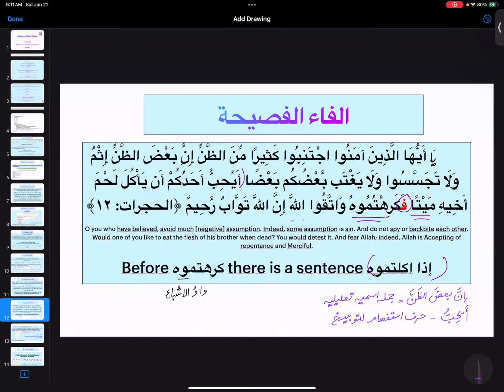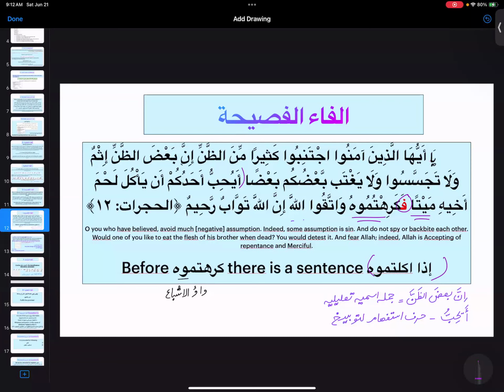So that's why it's called fa fasiha, that only one letter fa is describing what is mahzoof, what is hidden, what is understood. So it is understood, obviously, right? That when you will eat it, or if you will eat it, then you are going to hate it. Yeah, this one, fasiha, is better than others. Less confusion. So that is fa fasiha.